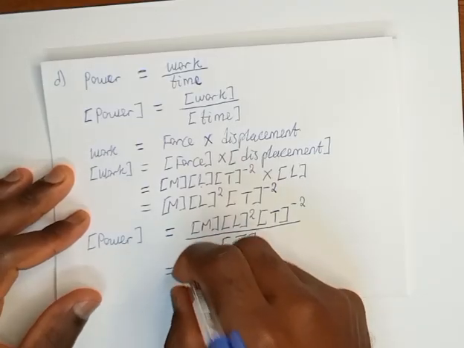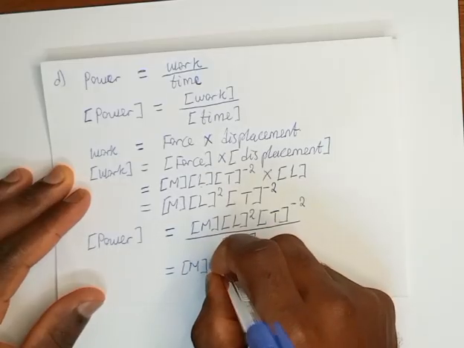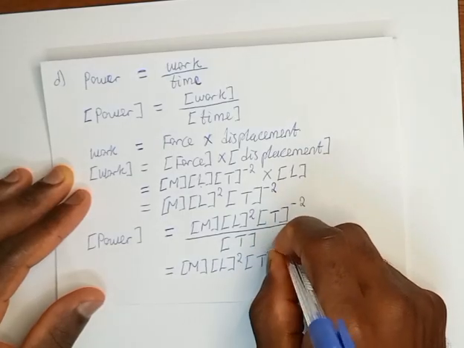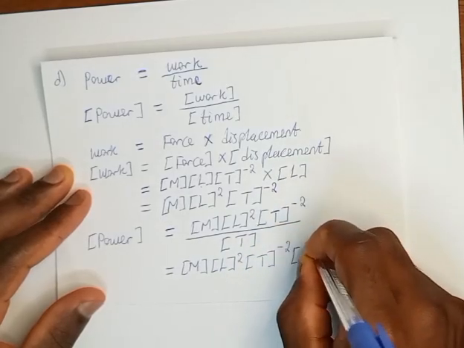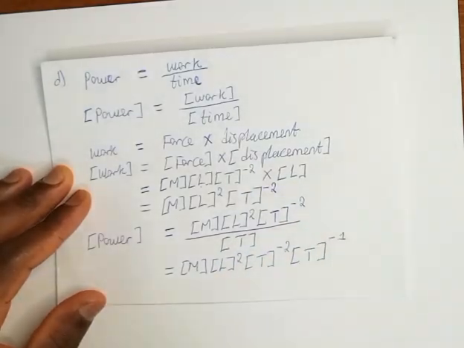This will simply be equal to m times L squared times t to the power negative 2 times t, which becomes t to the power negative 1.